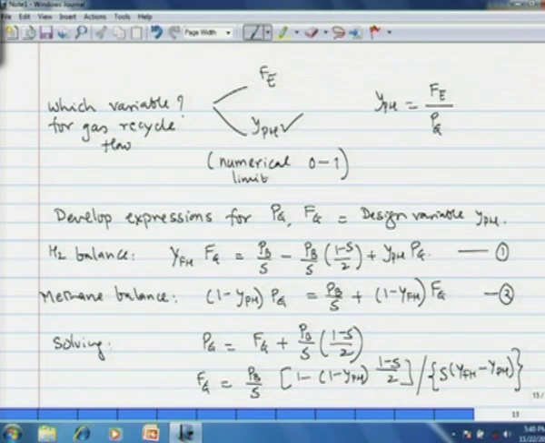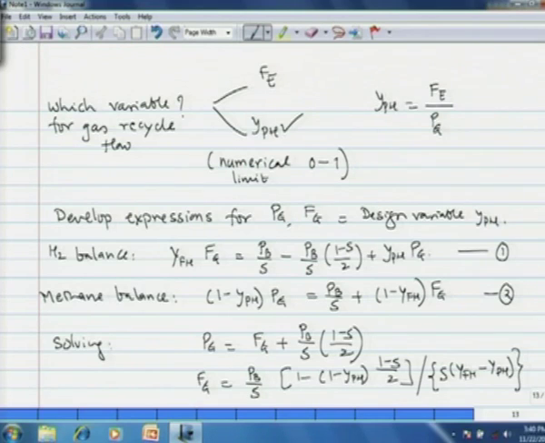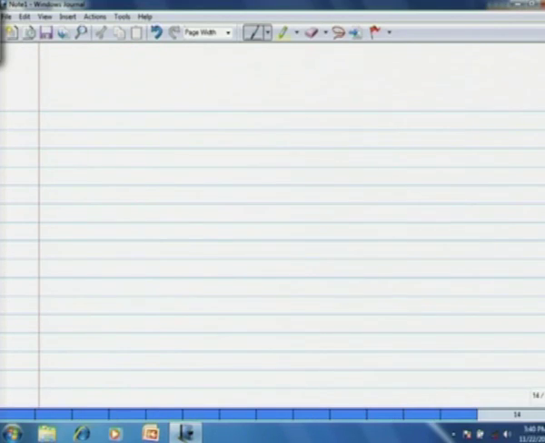Now, we can see that in this entire material balance that we have developed, we need to know only a few variables to calculate all the stream values. Okay. What we need to know?